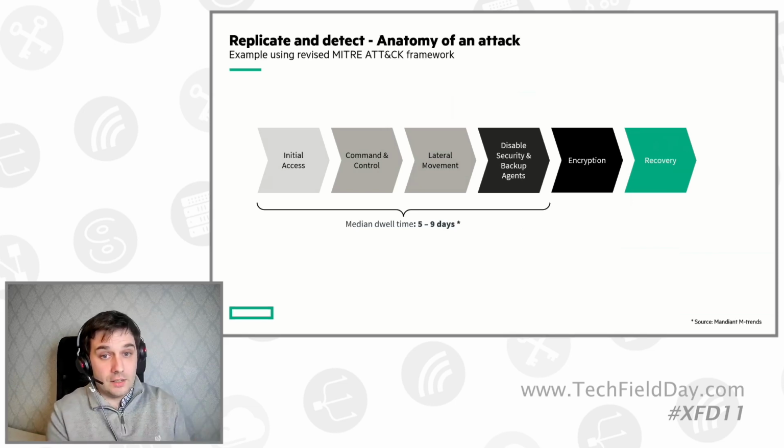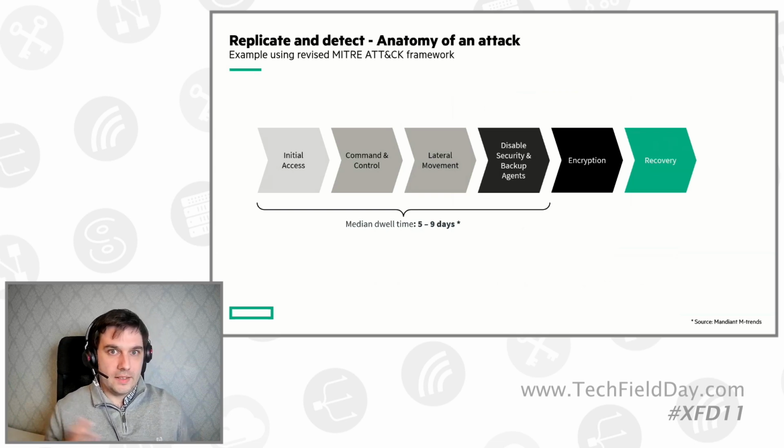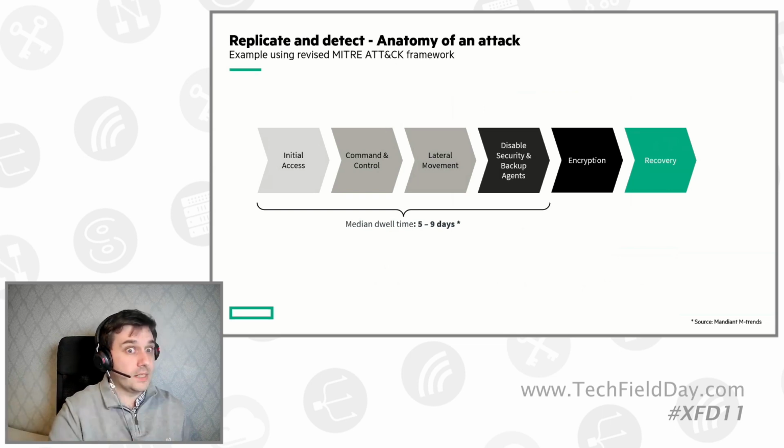And then they start looking for disabling security backup agents. Another great thing about Zerto, as I mentioned earlier, is there are no agents to look for. Virtual machines don't know they're being replicated by Zerto because it happens inside of the hypervisor. So it's going to be quite difficult for an attacker to know that Zerto is being used to replicate and protect data in that instance if they get access to an OS.